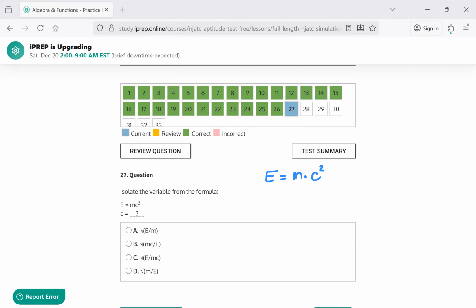And I want to solve for C. So first thing is I get rid of this M by dividing both sides by M. So you get E over M equals C squared. And then to solve for C, you're going to take the square root of both sides. So C is going to be the square root of E over M. So letter A.